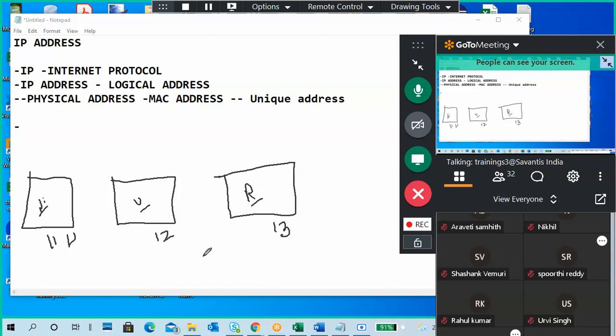Now I can call them, or send a packet to a particular one number-wise. It's quite easy for a computer to understand if you put it in a numerical representation. So an IP address is a logical address that identifies a device in a numerical manner, numerically, just with a number.